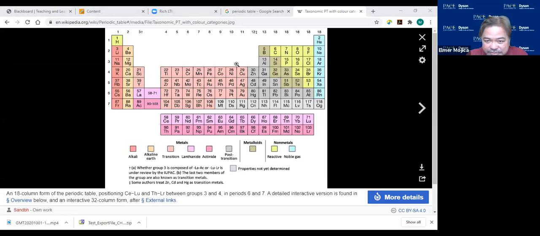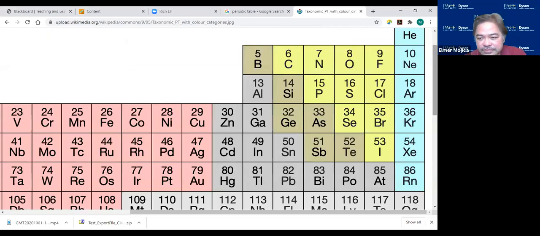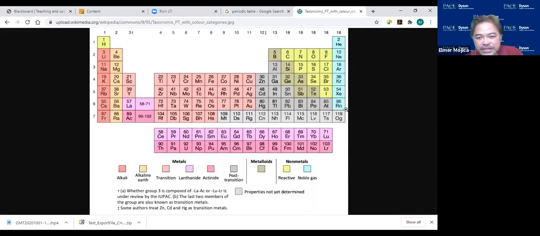So this is bromine, right? So the next thing that we could do is count the rows where it is. 1, 2, 3, 4. So that would be something of 4. Okay, so try to do it yourself.